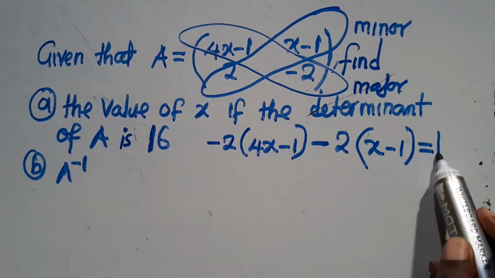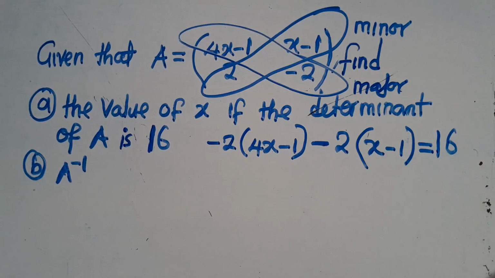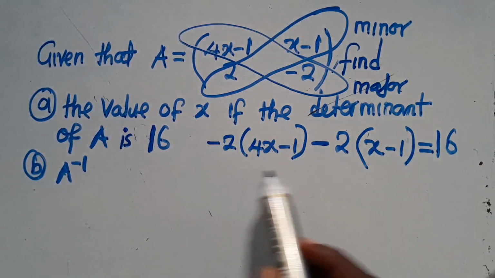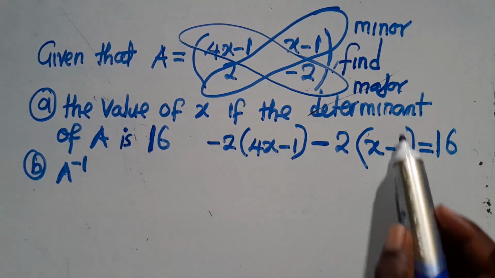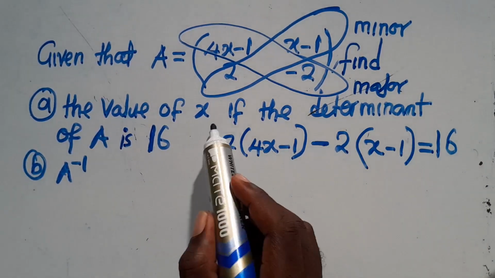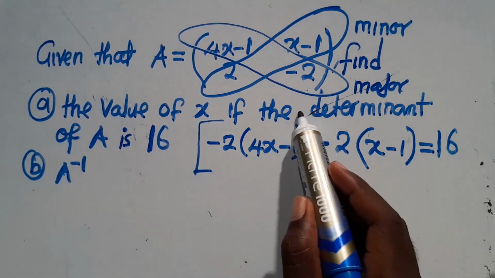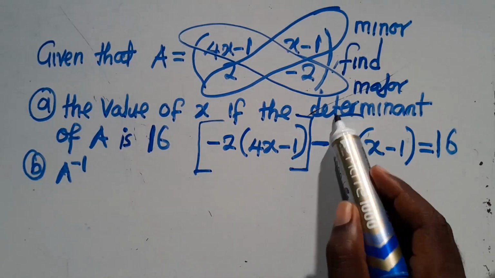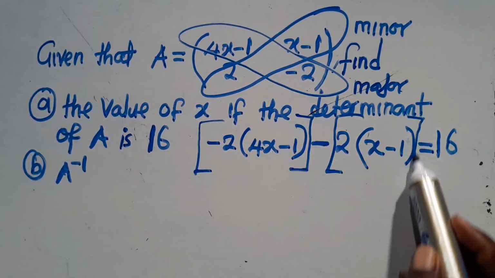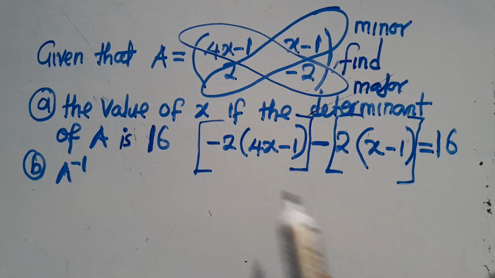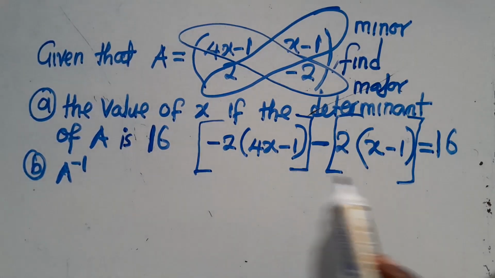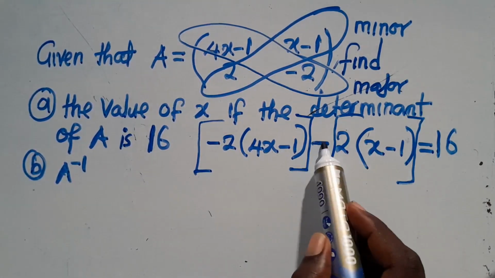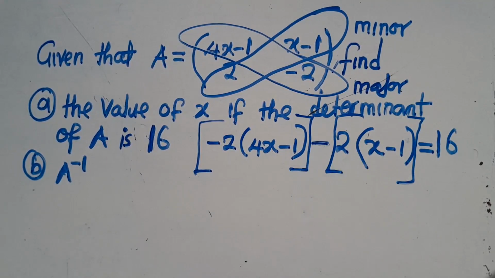The determinant is 16. So this is major diagonal minus minor diagonal. If you want, you can put these in brackets to separate them. Product of major diagonal, product of minor diagonal. In the middle, we've got a minus sign.